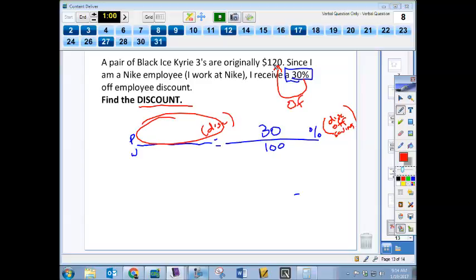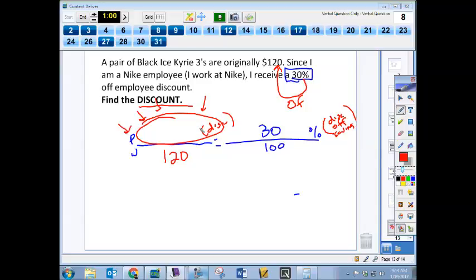Now we know of means the whole. It does mean multiply, but doesn't of represent the whole? Right? So we know that 120 is going to have to go here. So all you had to do is figure out what this is right here, and that's your answer.